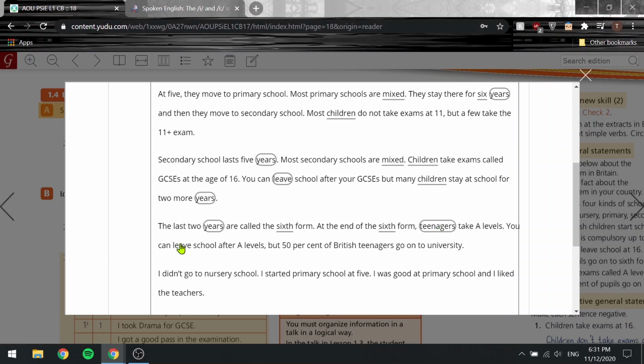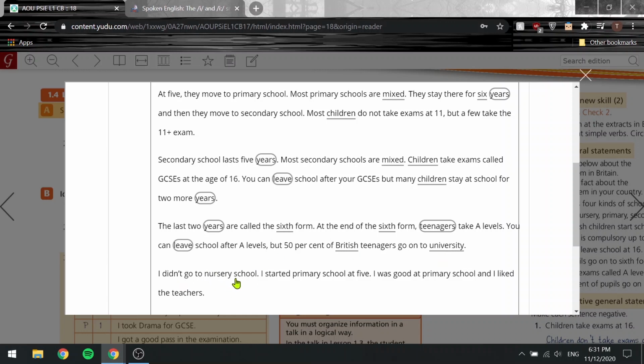You can leave school after A-levels, but 50% of Brit has that it sound. British teenagers go on to university. Actually, university has that it sound as well, but you probably won't notice it unless you get rid of the second part of the word. So unit. It's a little bit hard to explain, but I hope you get the idea. It has that it sound.